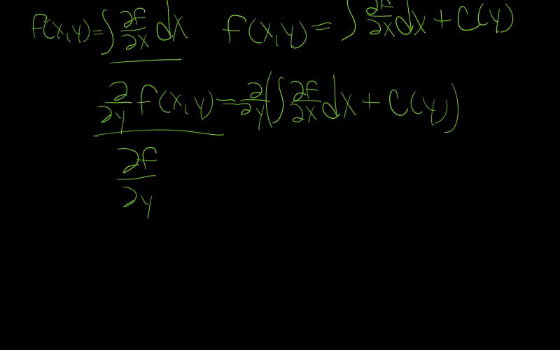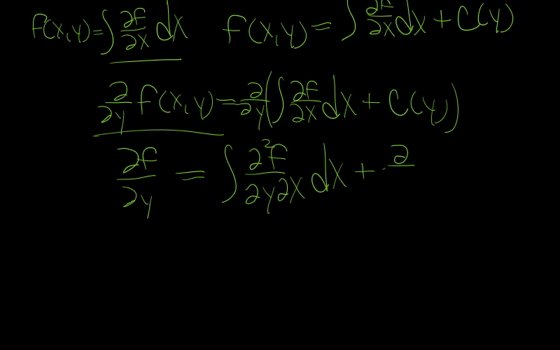And bringing the differential operator in, this would result in the integral of the mixed partial, partial squared f, partial y partial x, dx, plus, now the partial with respect to y of c of y, that's just going to be the derivative of c with respect to y.